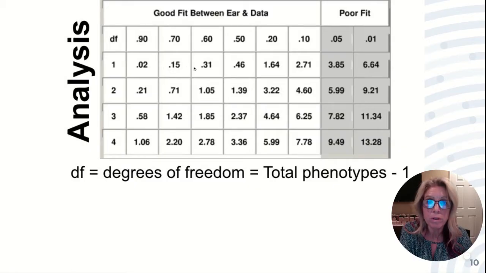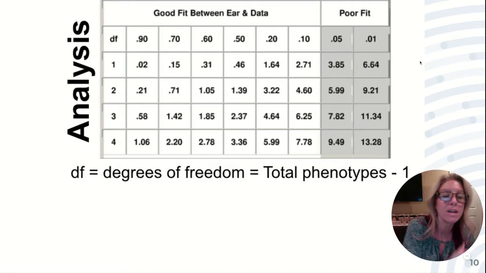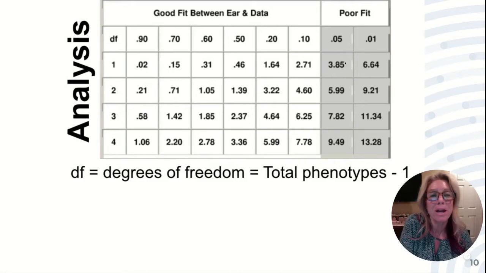So here's 0.02, 0.15, 0.3. The number 1 for a chi-squared value would fall, I would predict, between 20 and 50% of the time. And you know what? That is acceptable. If I had a larger chi-square number, and this is the cutoff point here, 5%, usually it depends on what you're doing, or if you're doing drug trials for COVID, you might want a different value here, but this is your cutoff right here.